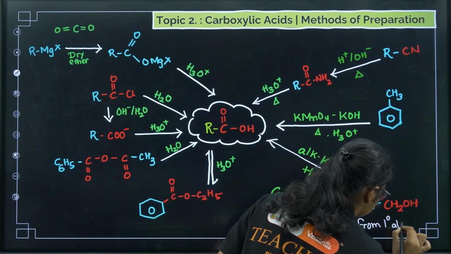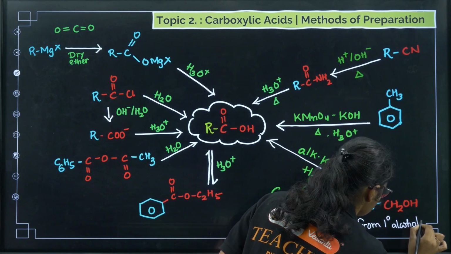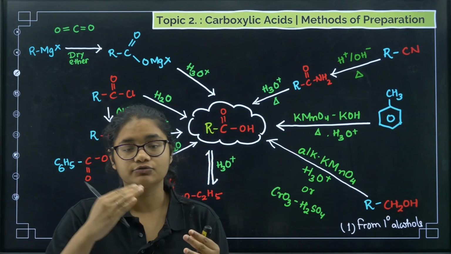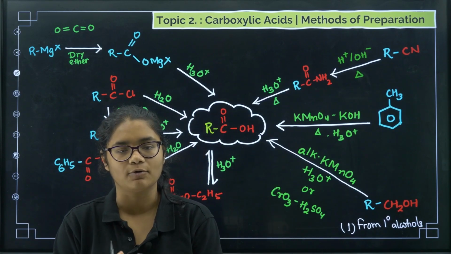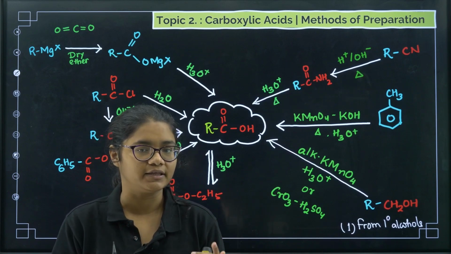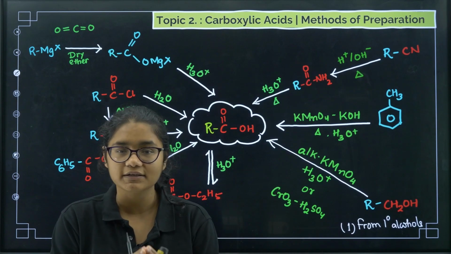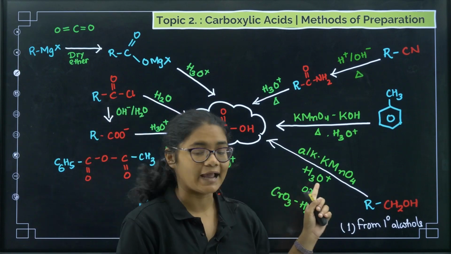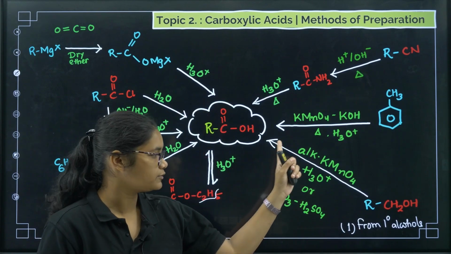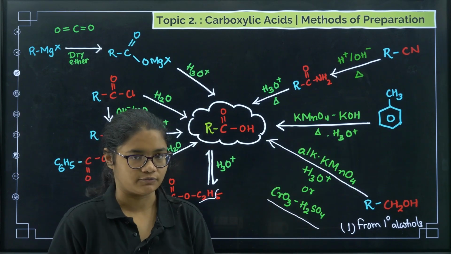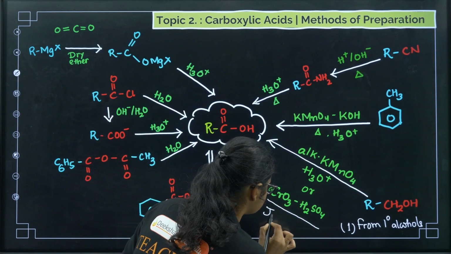If you remember, we have discussed that primary alcohols under strong oxidation can give you carboxylic acid. Now what is the reagent for this strong oxidation? For strong oxidation we need alkaline KMnO4. We can use alkaline KMnO4, or you can use CrO3 with H2SO4. This is called your Jones reagent.